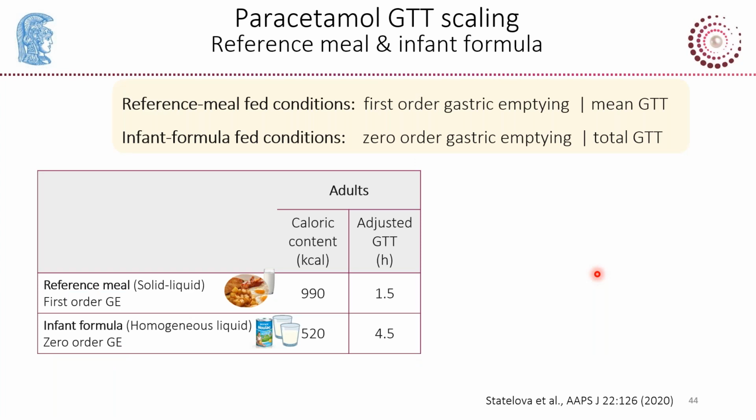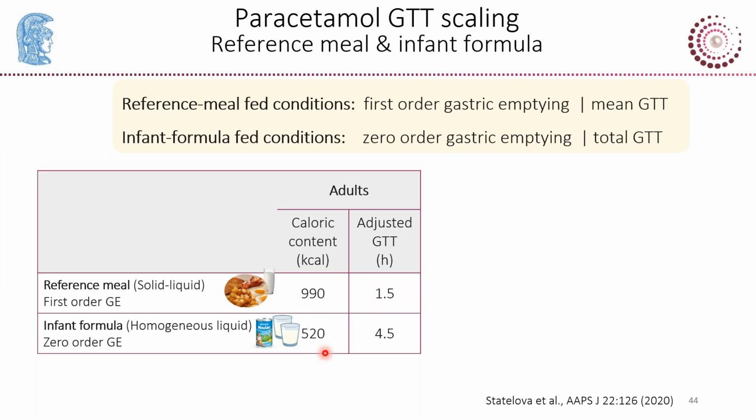To come to the scaling of our gastric transit time or our conditions for the two fed conditions, starting from our reference meal, which is a solid liquid meal, we kept the first order gastric emptying and used the caloric content used in the adult study and the adjusted gastric transit time to calculate the respective pediatric calories.